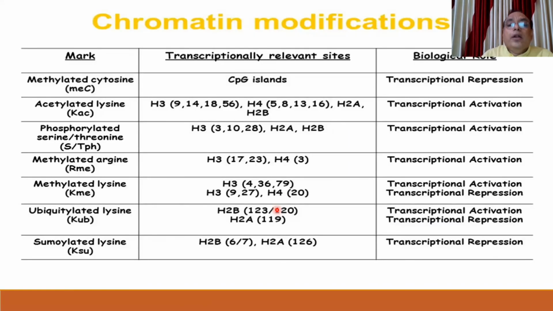So that was all about the epigenetic influence upon the expression of genes as a broader idea, and a pointed idea about how centromere is affected by the epigenetic factors.